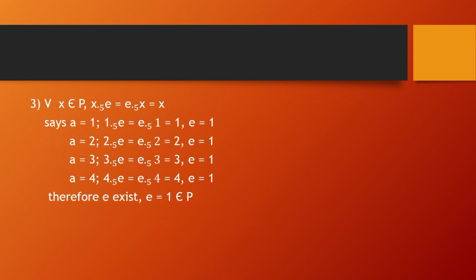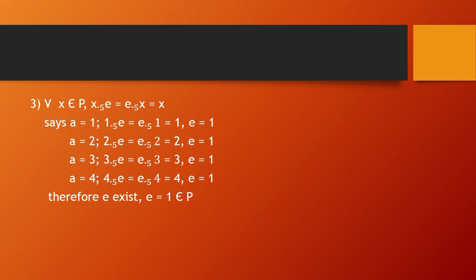So, for the third one, we will take a look at the identity element. For all elements x in P, x multiplication modulo 5 E is equal to E multiplication modulo 5 x equal to x. Say A equal to 1. Then 1 multiplication modulo 5 E equal to E multiplication modulo 5 1, then it's equal to 1.